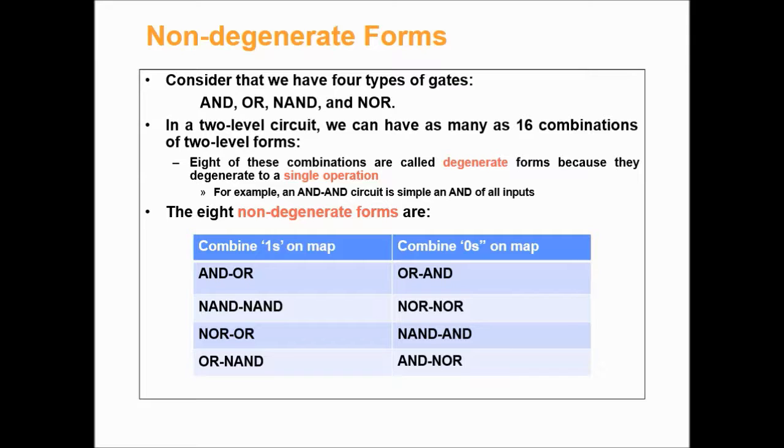The AND-OR and OR-AND forms are the basic two-level forms. The NAND-NAND and NOR-NOR forms were already discussed in the previous topic, and the remaining four forms are investigated as follows.